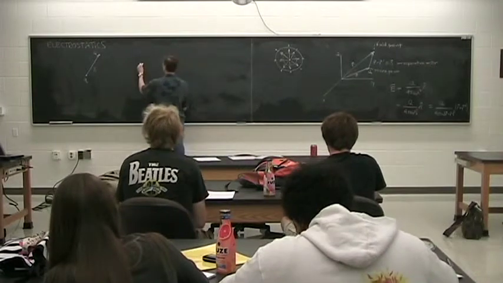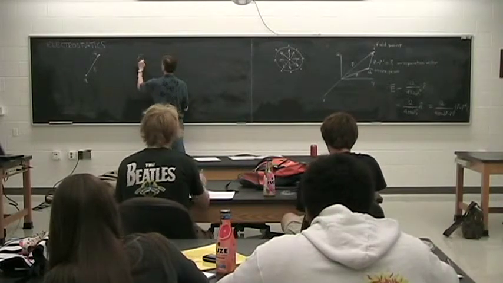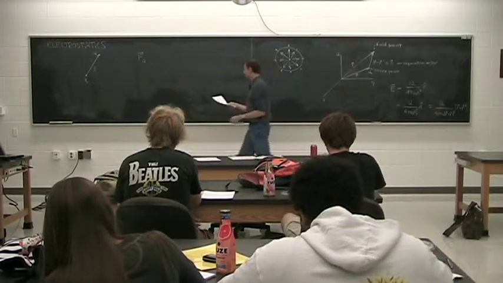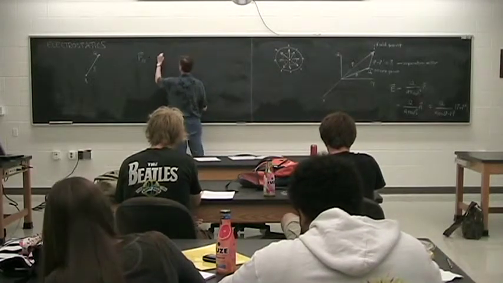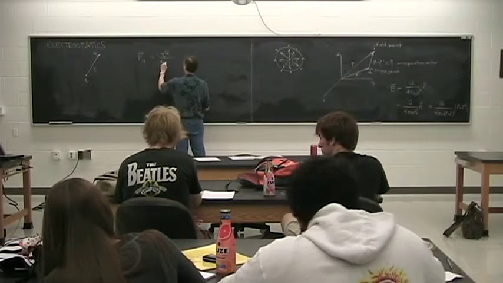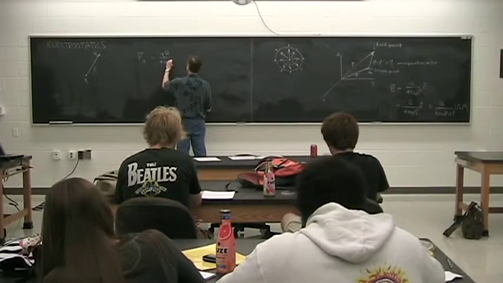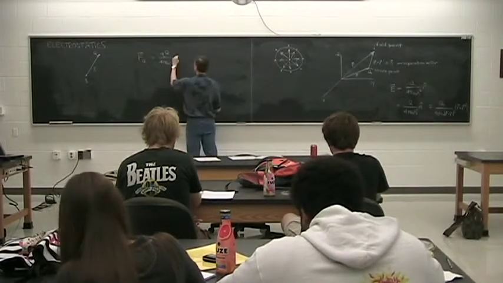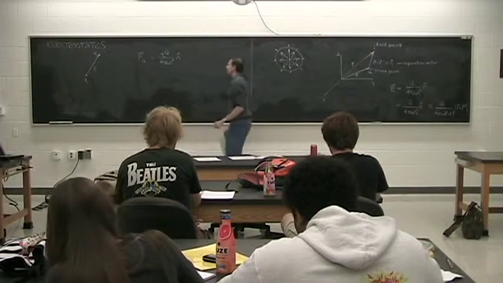We're about to find the force on Q. F sub Q, the force on charge big Q, is equal to the product of the charges divided by 4 pi epsilon naught times their separation squared, R squared, times R hat.